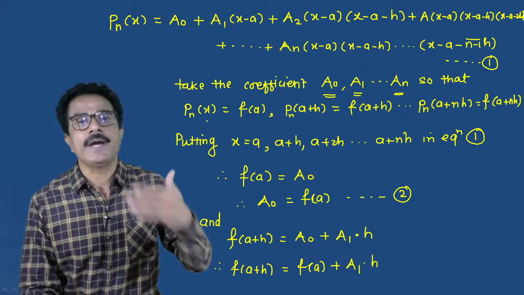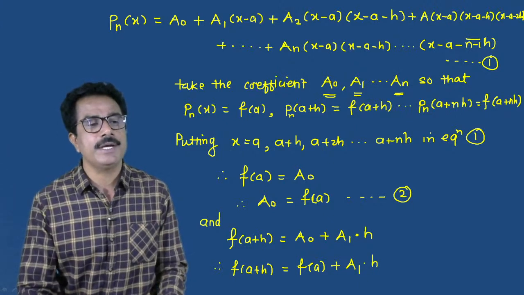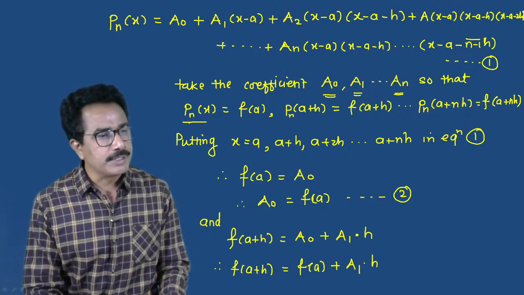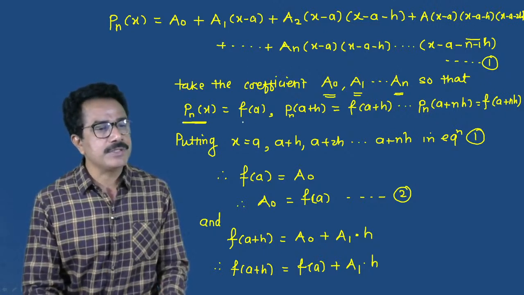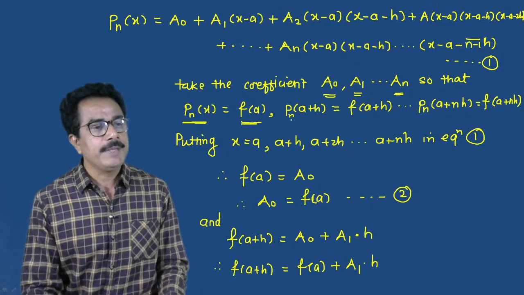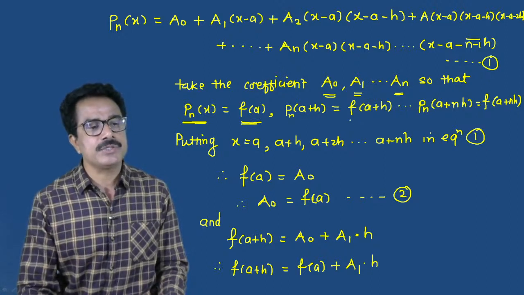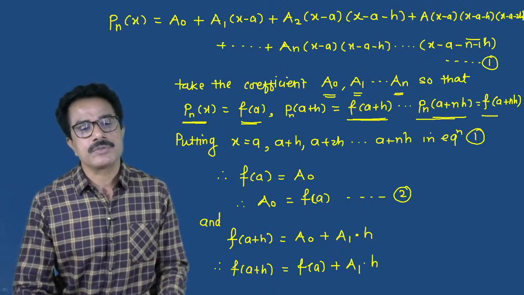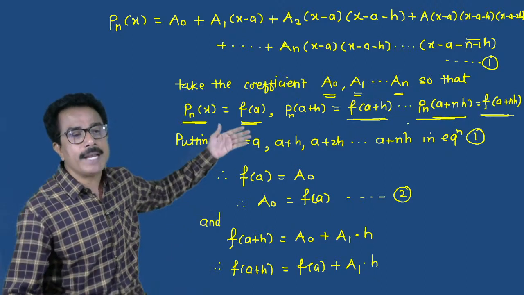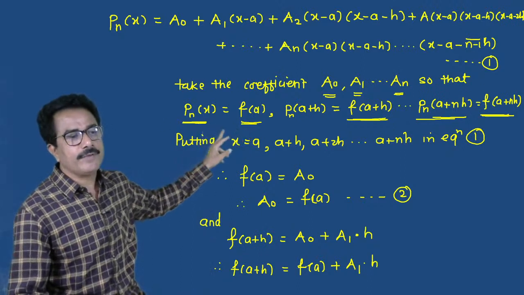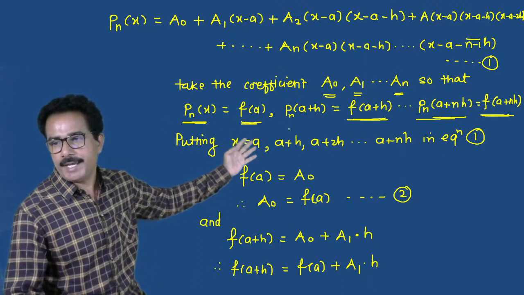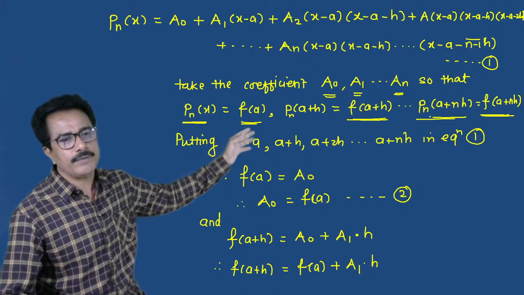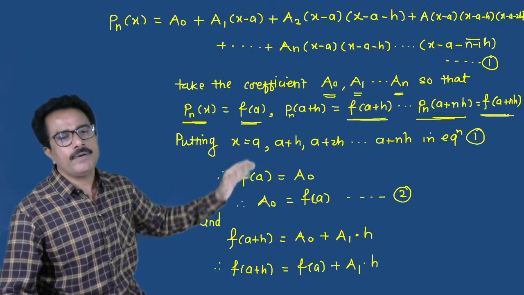If we have to find the coefficients a0, a1, a2, dot dot an, then we have to put Pn of a is equals to f of a, Pn of a plus h is equals to f of a plus h, Pn of a plus nh is equals to f of a plus nh. Means we have to replace Pn of a as f of a, Pn of a plus h as f of a plus h, Pn of a plus nh as f of a plus nh.